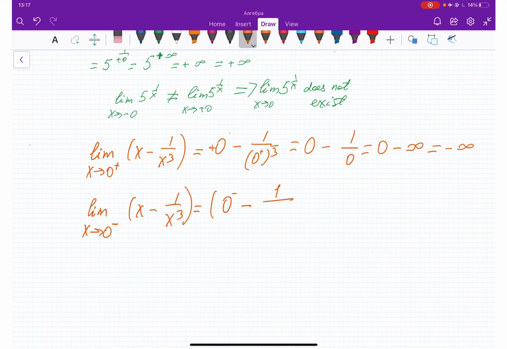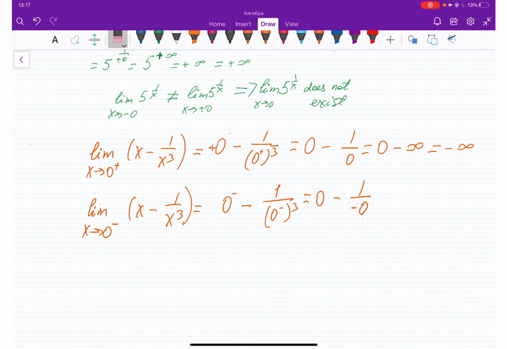Now here I'm going to put 0 from the negative side, because if I take it to the power 3, I'm going to get 0 minus 1 over 0 from the negative side, right? Because it's coming from the negative. Then 0 from the negative side to the power 3 is still going to be 0 from the negative side.